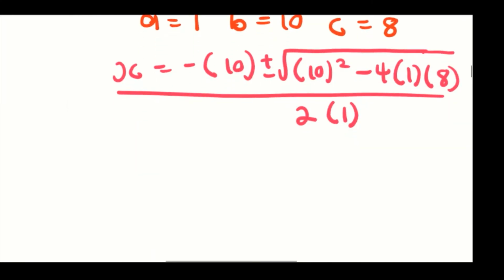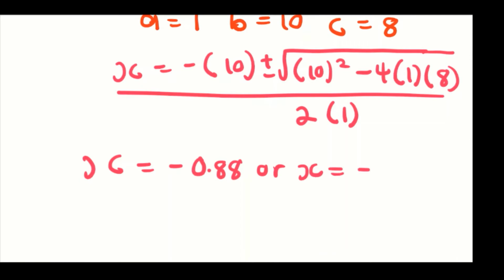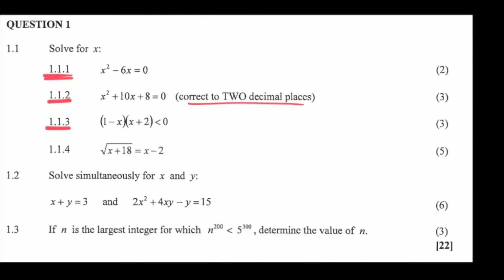So the solutions of x that you're supposed to get are x equals minus 0.88, or x equals minus 9.12. So these are your solutions of x. Now we're going to do 1.1.3, solve for x with an inequality sign.